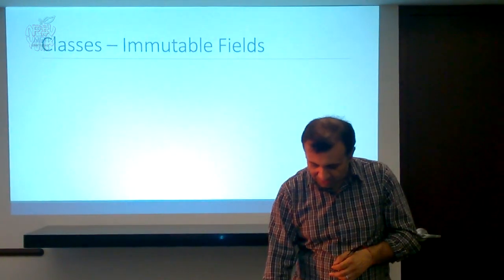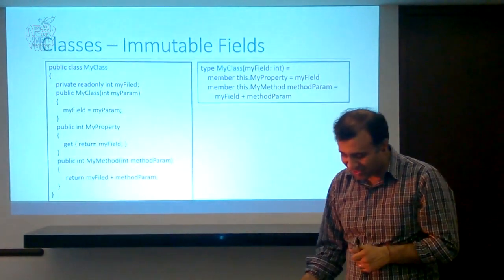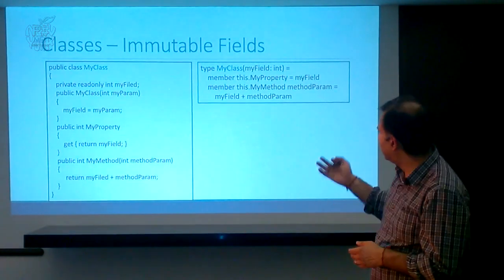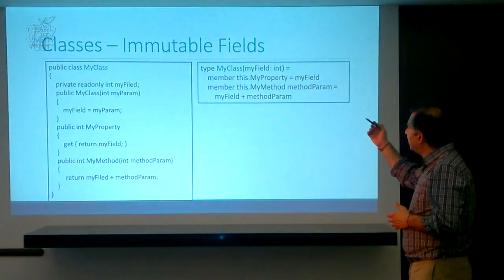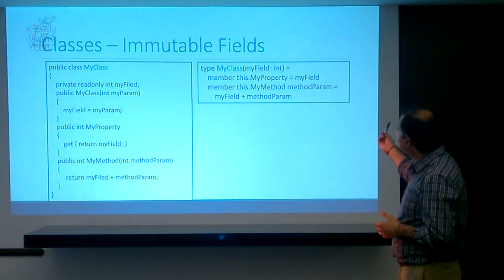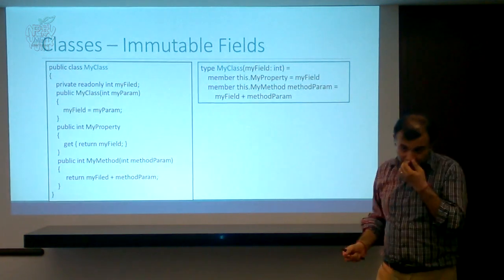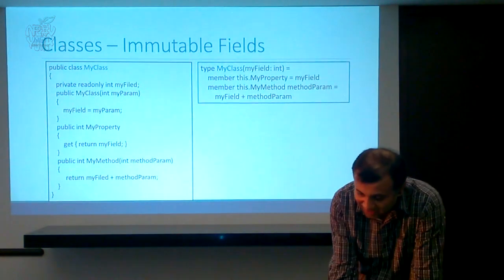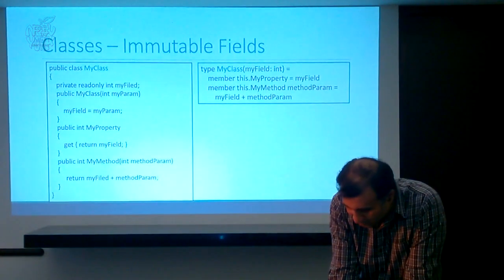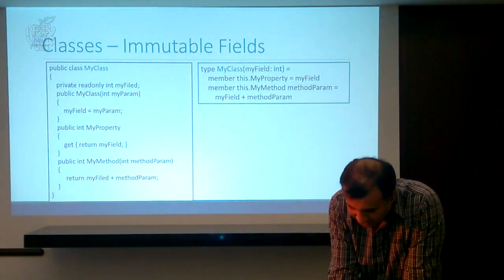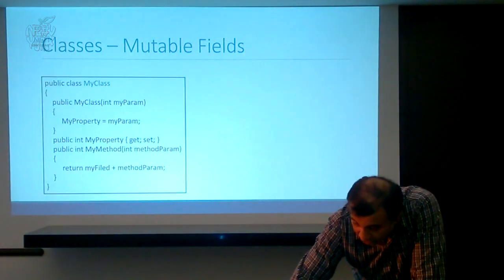It really is two different ways of doing the same thing. All right. So classes, right? You have the C# code. You have the F# code. Kept it here so you could compare. You have the member, you have the property, and you have the method that says, okay, fine, I'm taking one parameter and returning you the value. Generally, F# does not have these curly brackets, which I find very annoying, so I'm glad they're not there. Same thing, now you have mutable fields.